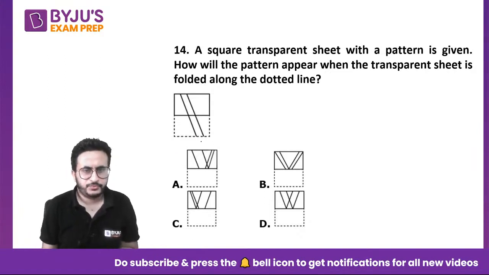Simple, right? So when you take it up, this line will intersect with this line and this line will come here. Okay, so the shape will look like this, W shape.